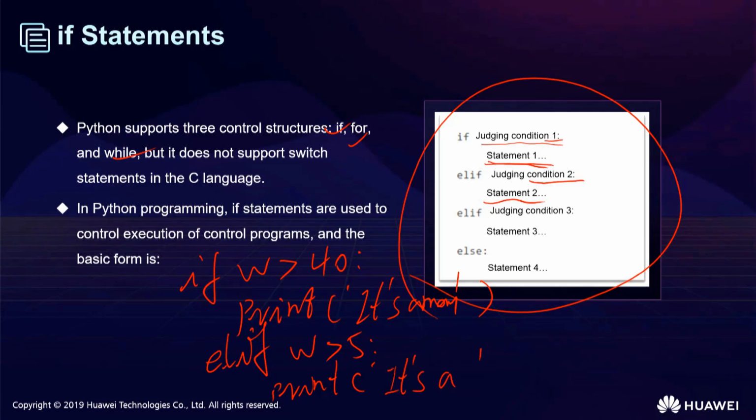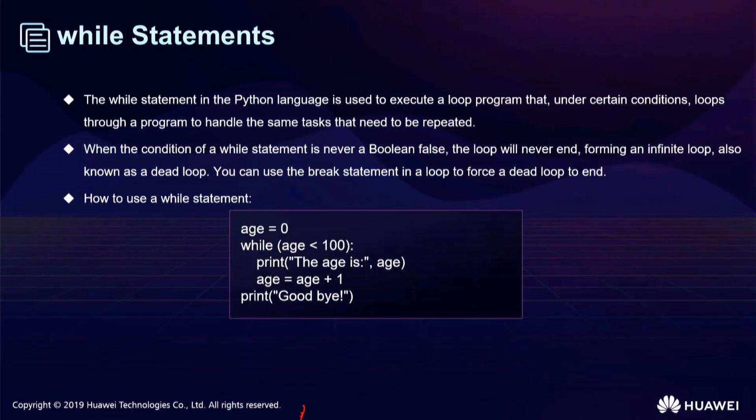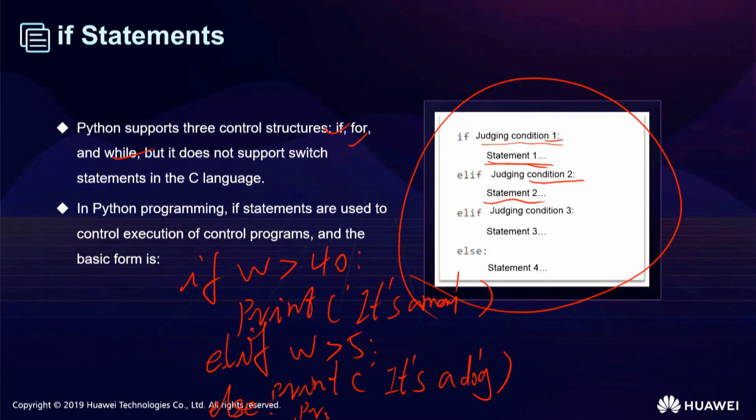If not, we use else, and we print it's not a man or a dog, it's a cat. So that's how the if statement works.